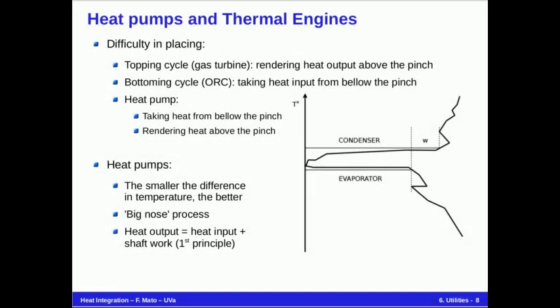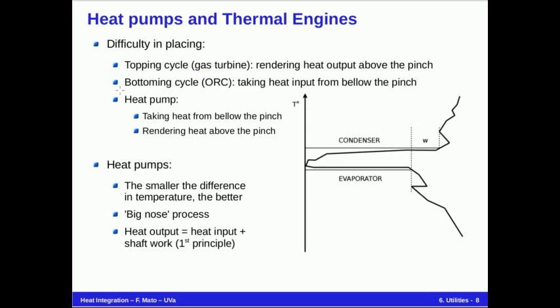And finally, thermal engines and heat pumps. For topping cycles, like gas turbine, that gives heat to the process, used as heating, this heat output must be produced above the bench as heating.